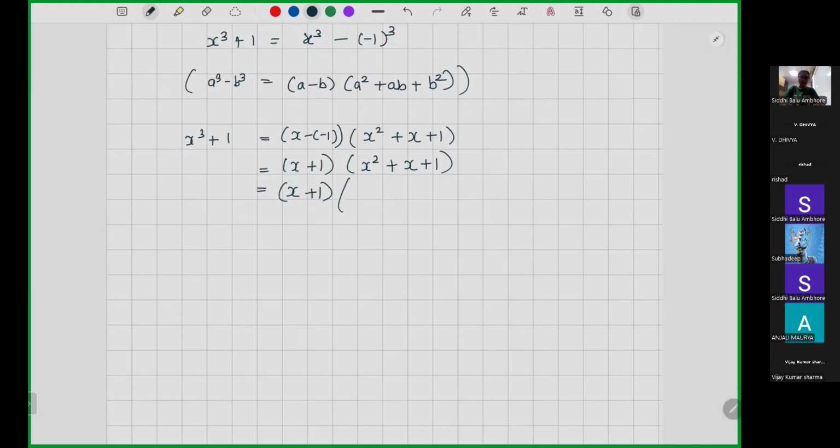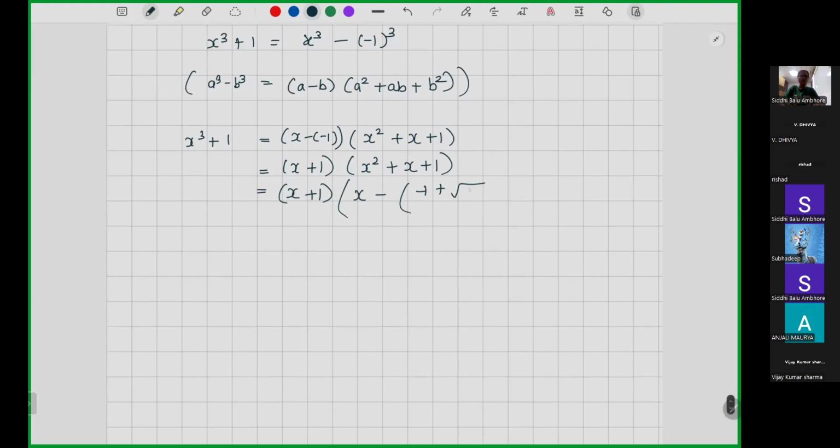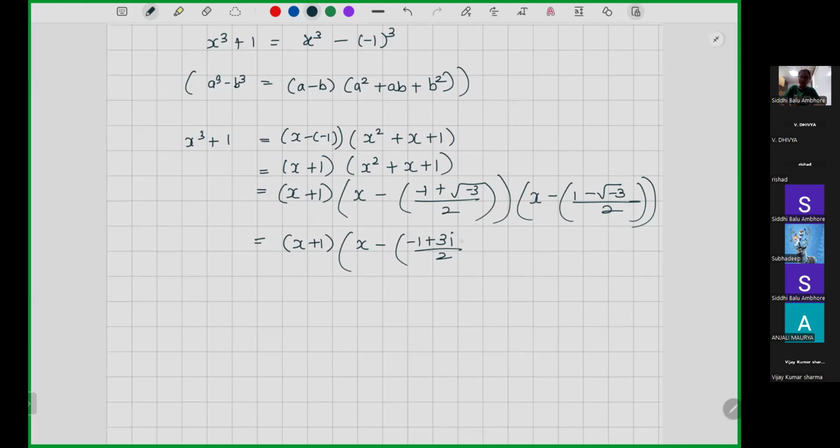When we do that, it is x minus minus 1 plus root of b square, which is 1 minus 4, so it is minus 3, over 2. We are in the complex numbers, so the negative under the root is not a problem.